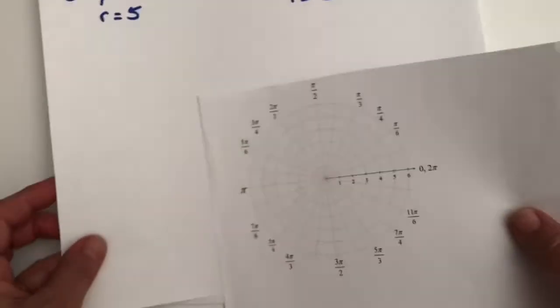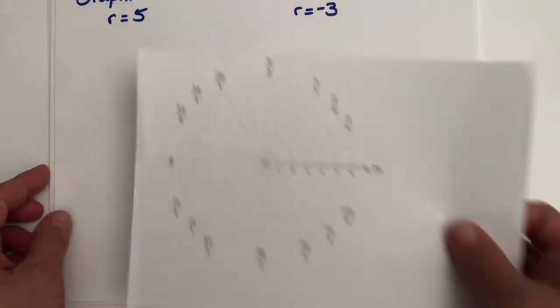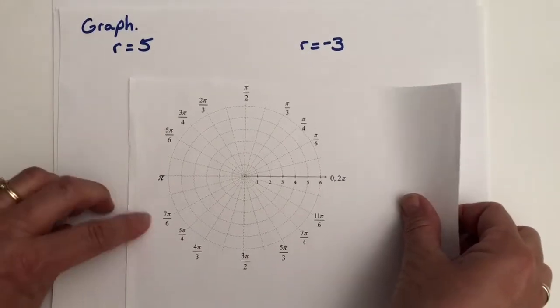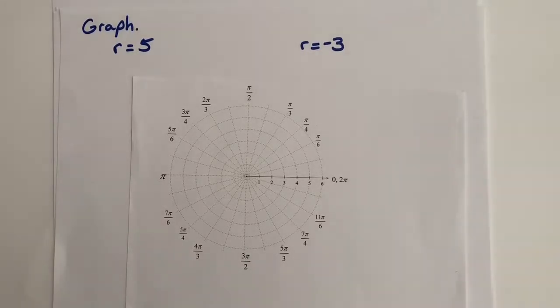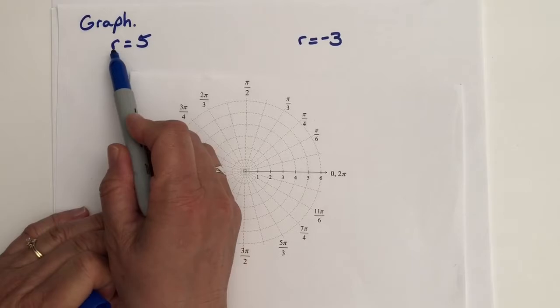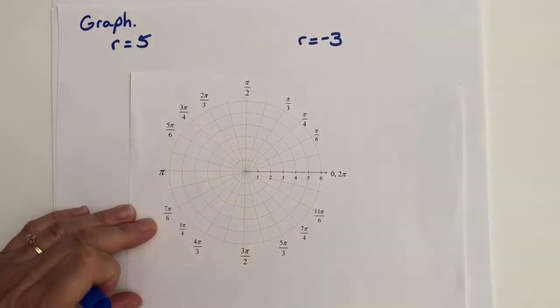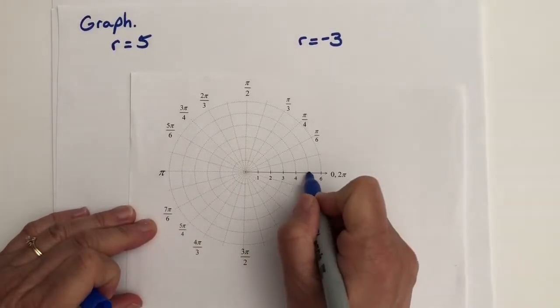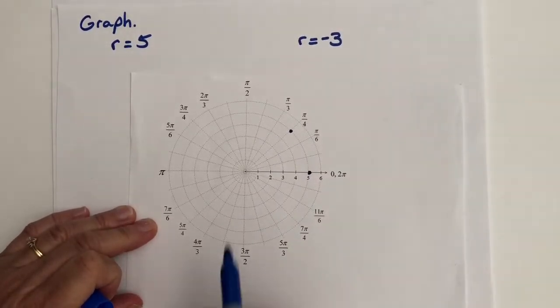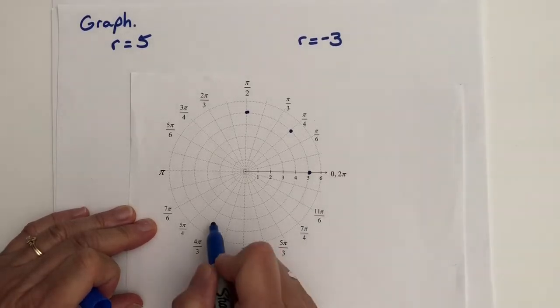Let's start with the basic, r equals 5. And I have a little polar grid right here. Let me pull it down so you can see it. r equals 5. Remember, that means for all the ordered pairs that exist on the graph, the r value is 5. So that could be (5, 0), (5, 5 pi over 4), (5, 5 pi over 2), (5, 4 pi over 3).